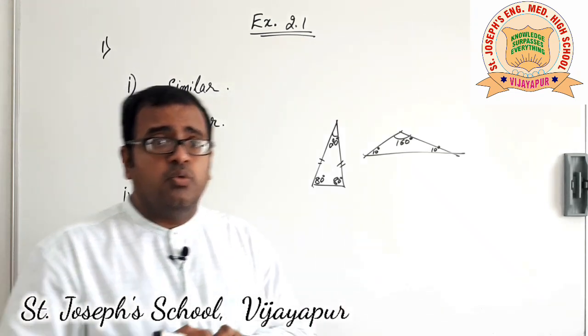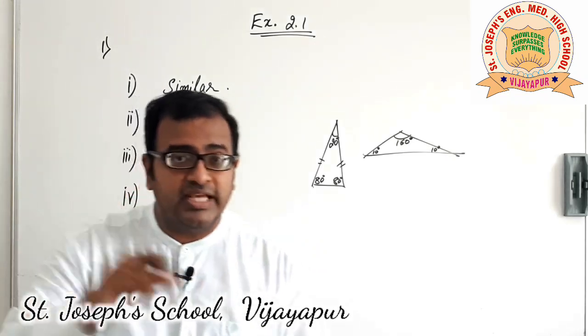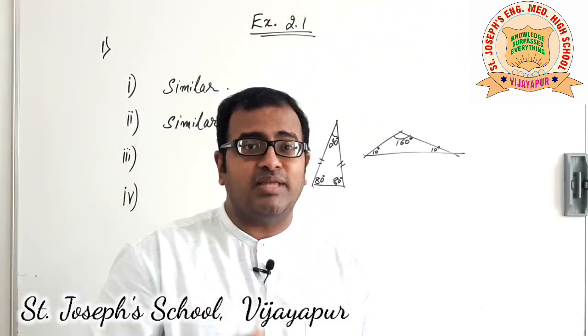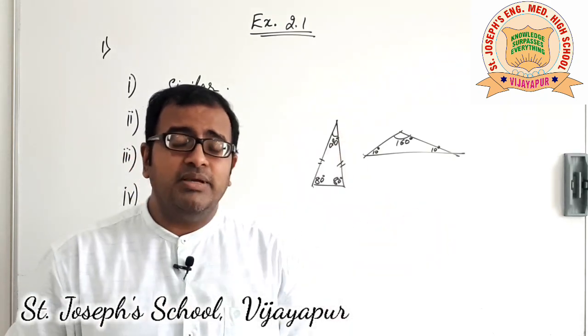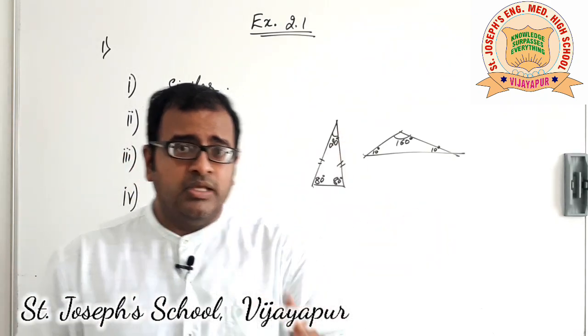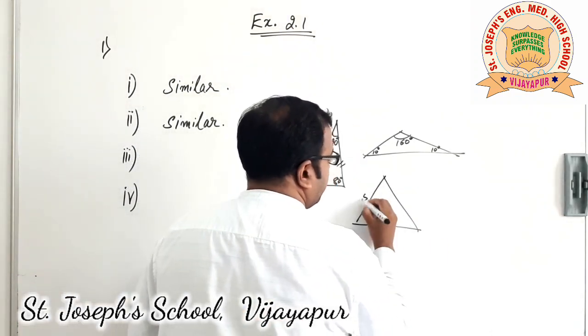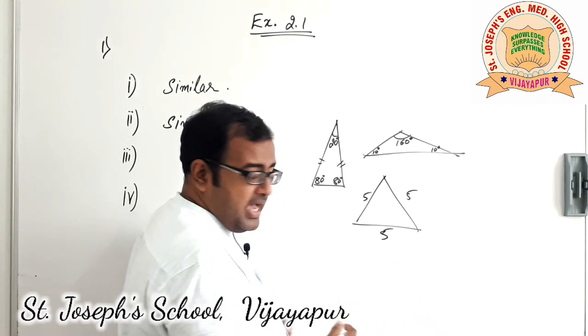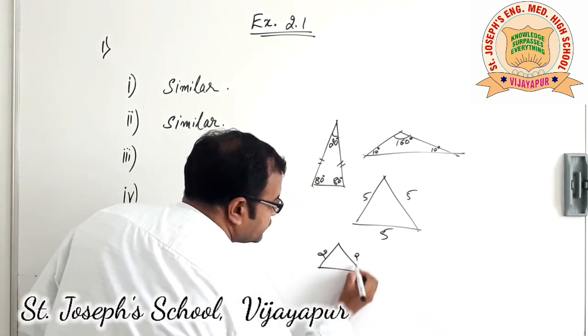But what about equilateral triangles? If you consider any equilateral triangle, all the three angles of an equilateral triangle are the same, that is 60 degree each, because of which their sides will be proportional. Example, if one triangle has the sides 5, 5, 5 and another triangle has the sides 2, 2, 2.